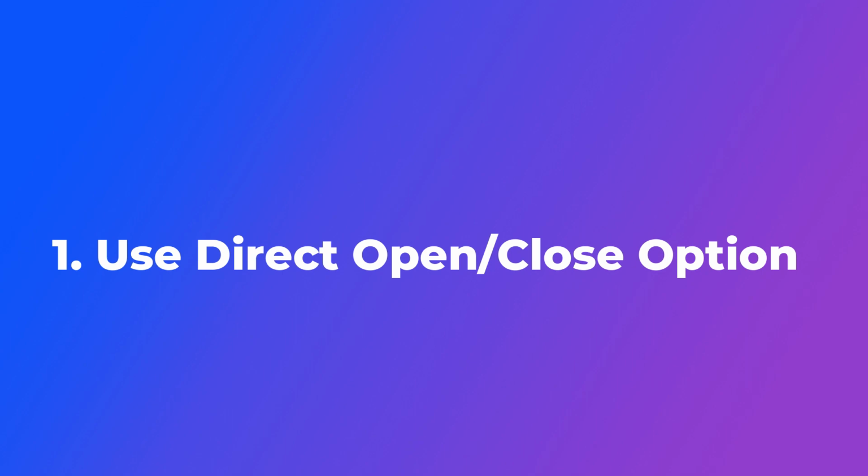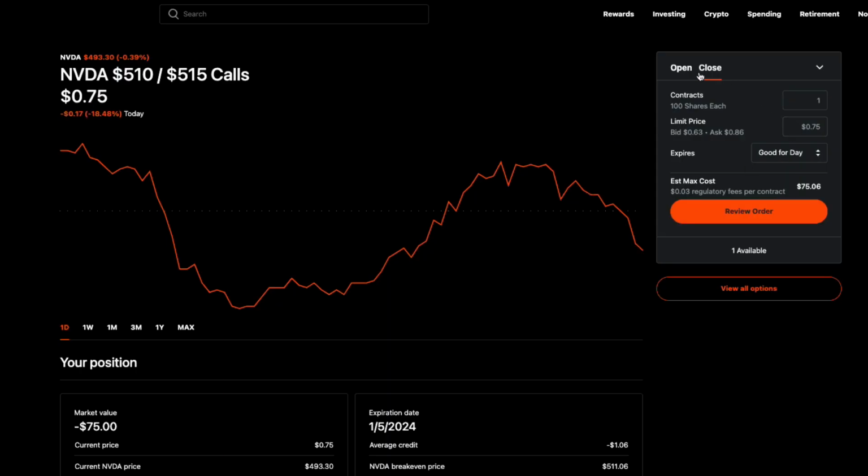Okay, so the first way is, in Robinhood, they have made it pretty easy right now. As you can see, you see a close option. What you have to do is put the number of contracts. Since I have opened only one contract, I'll just put one. And then here you have to put a bid or ask price.